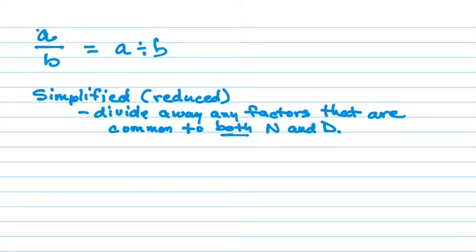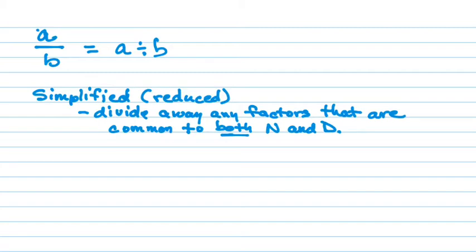Is that a dictionary definition? You know, when you search something out. That's right. Wait, hold on, I'm not finished. So divide away any factors that are common to both numerator and denominator.